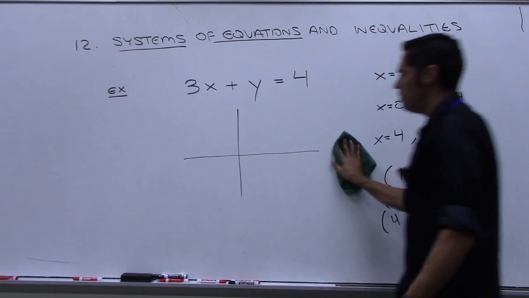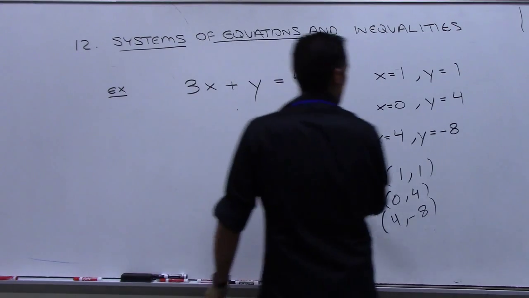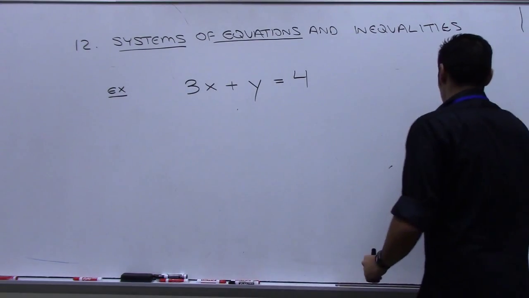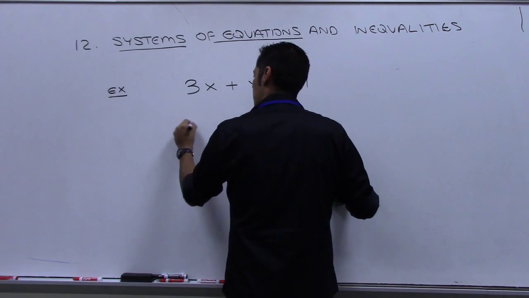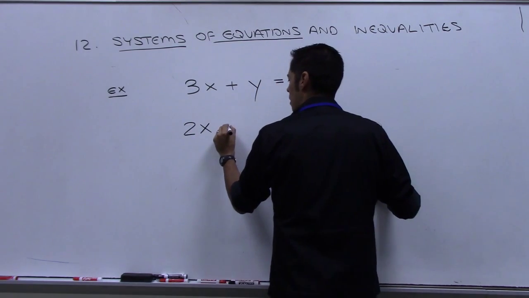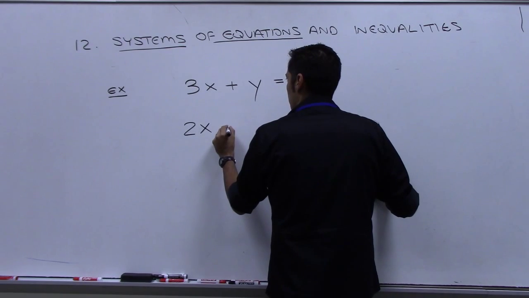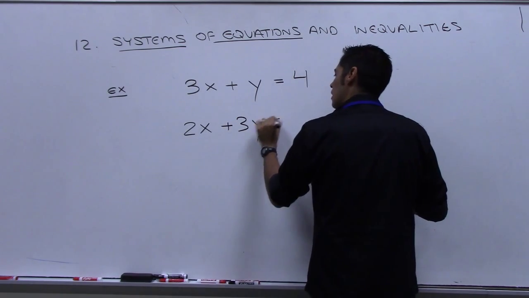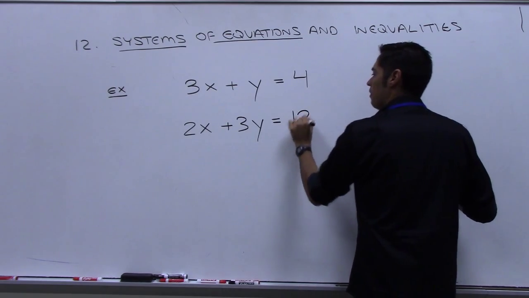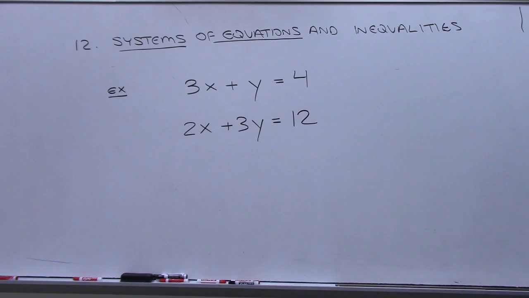So now I'm going to erase this, and I'm going to put 2x plus 3y equals 12. Now I have both equations together, right?